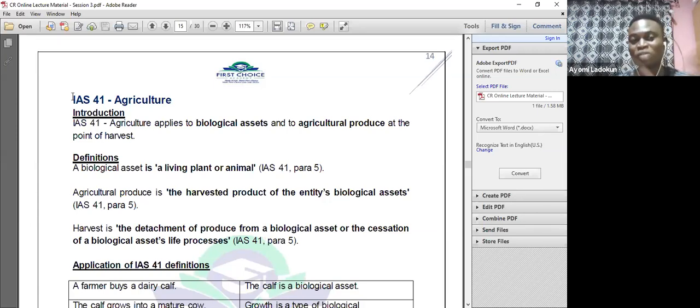Those are examples indicative of conditions that existed at the balance sheet date. And we said an adjusting event will result in changing the figures recognized in the financial statements.